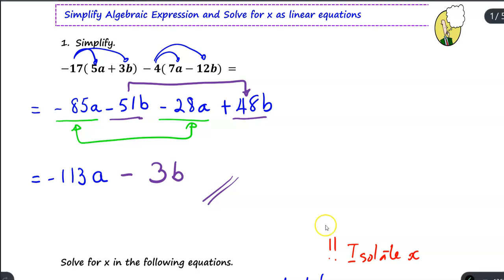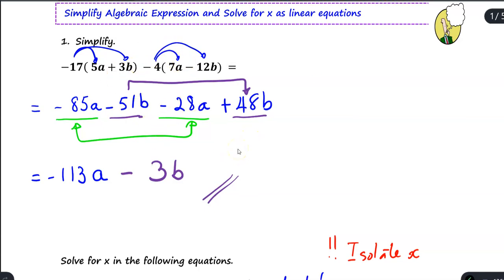Alright, so if you go back to the previous video, you see that I have a review for everyone by asking everyone to simplify but not solve for anything, right? So in this case, it's the distributive rule, okay? Multiply each term inside the bracket, then you have no more brackets left.